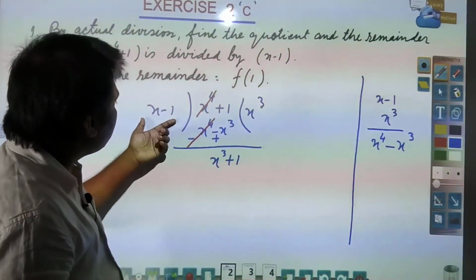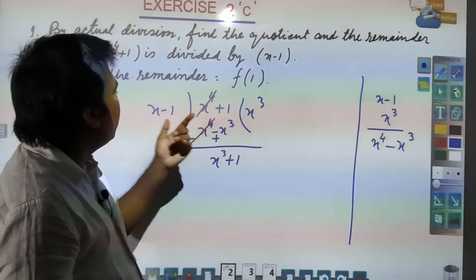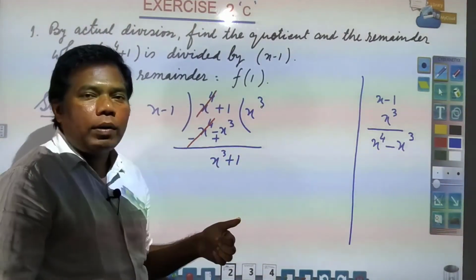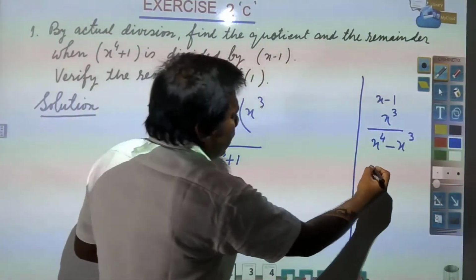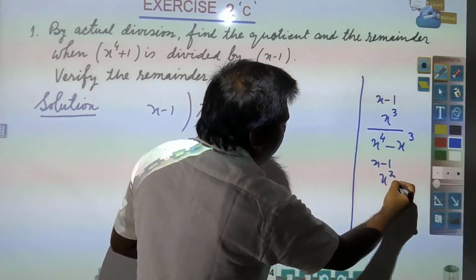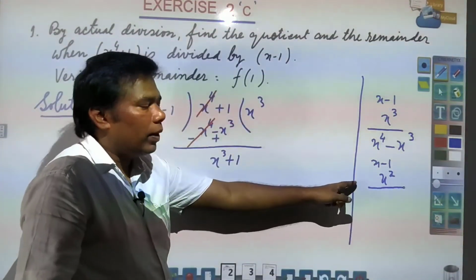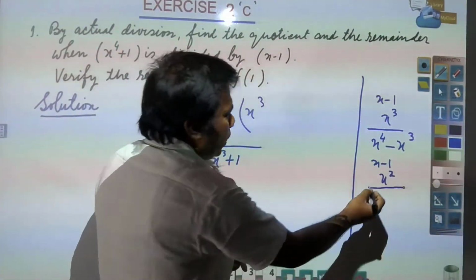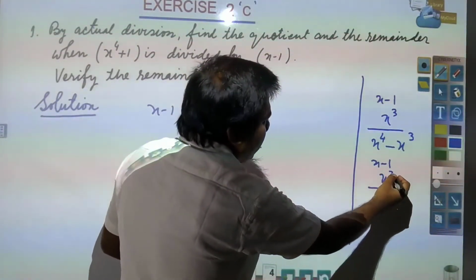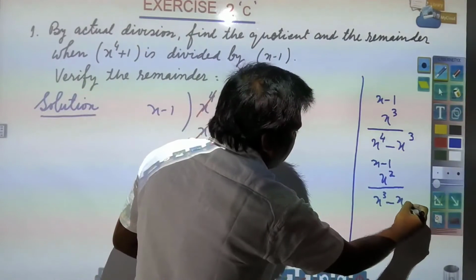Now again we see by which term we multiply x minus 1 so that we can eliminate x to the power 3. If we multiply by x square, we will get x to the power 3. So x square into x is x cube, and x square into minus 1 will be minus x square.